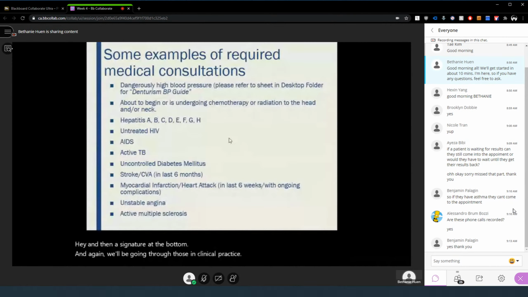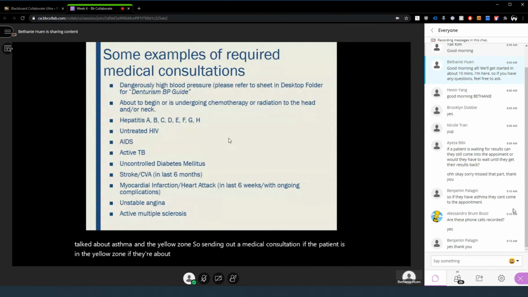So some examples, for instance, we have incidences of very high blood pressure. Last week, we talked about asthma and the yellow zone, so sending out a medical consultation if the patient is in the yellow zone. If they're about to undergo chemotherapy, radiation, different types of hepatitis, untreated HIV, or if they have full-blown AIDS, if they have active TB, uncontrolled diabetes, stroke in the last 6 months, heart attack in the last 6 weeks.